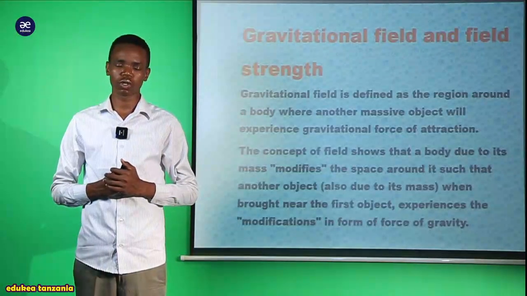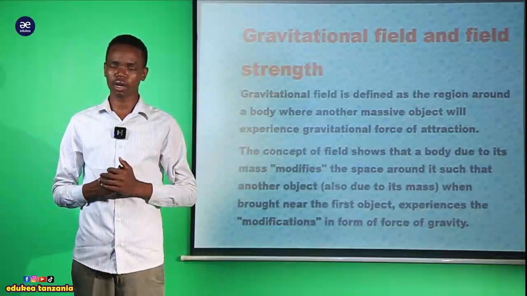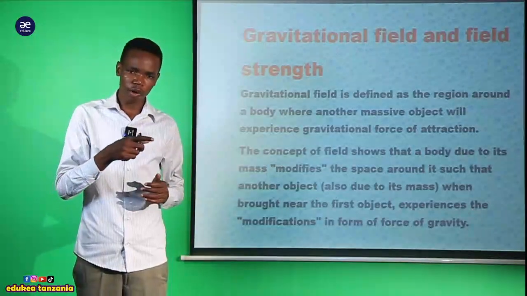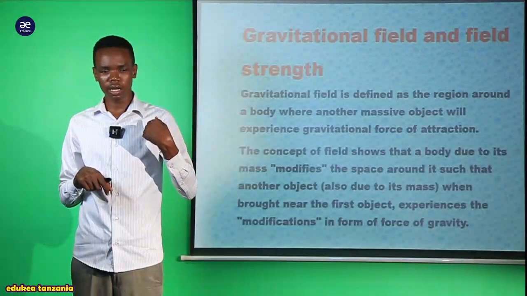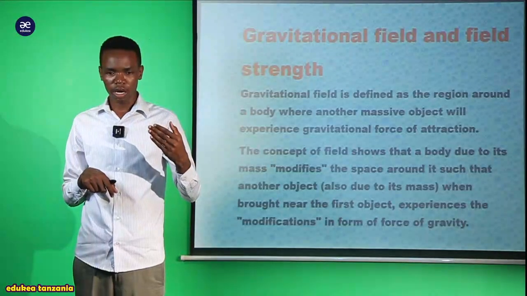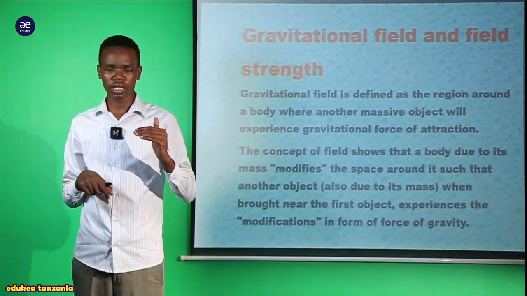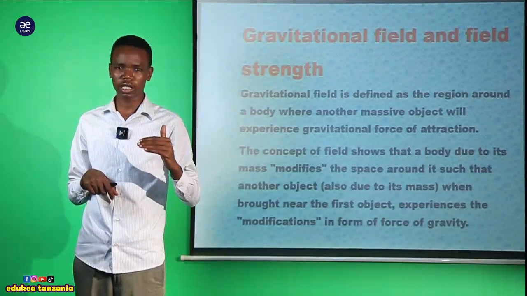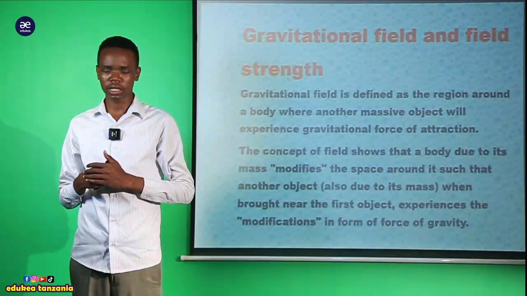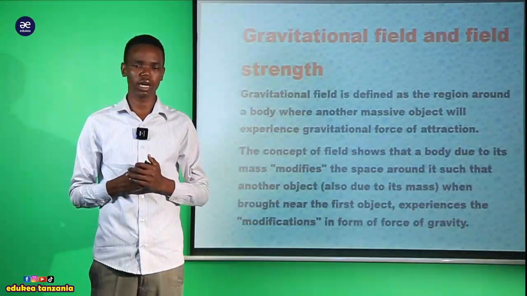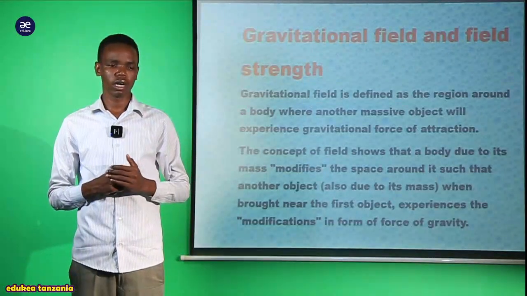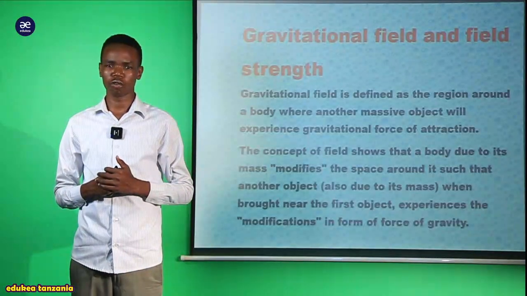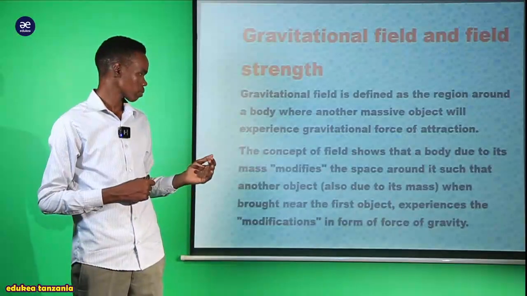That is what we talk about as the gravitational field: the region around a massive object, whereby another object, when we take it and keep it near that mass, will experience a gravitational force of attraction.